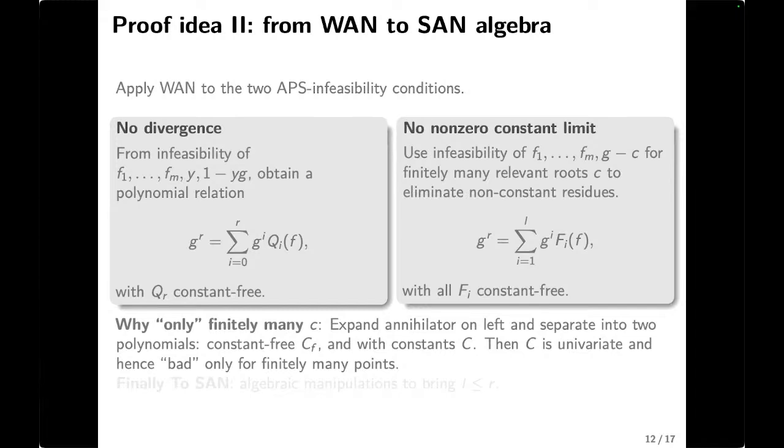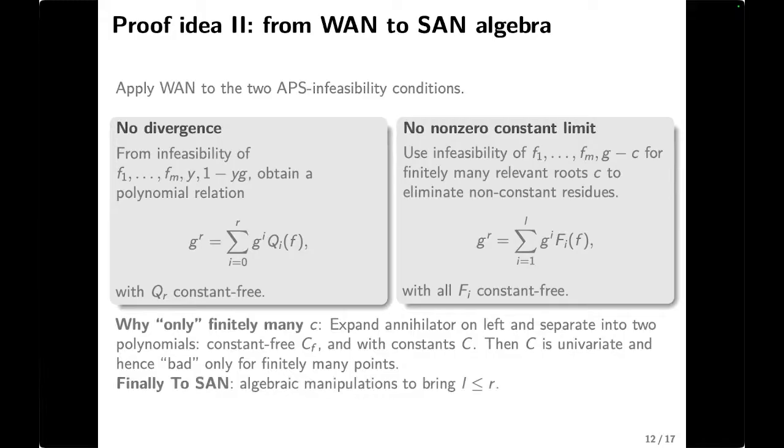The polynomial which has constants is actually a univariate polynomial, so it has only finitely many roots. So we only need the second condition for these finitely many bad points over all these non-zero constants. This is how we can move to this criteria.